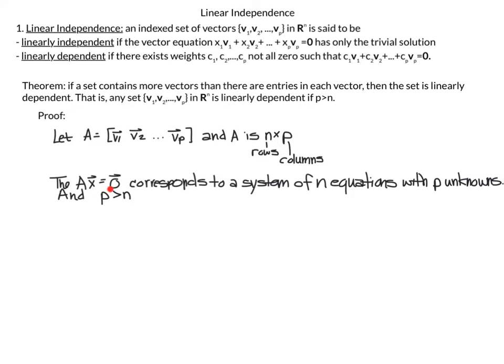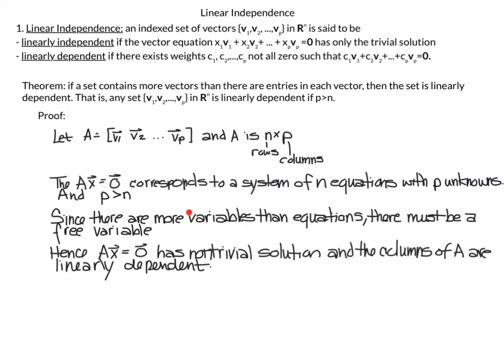And in this case the number of unknowns is greater than the number of equations. Since there are more variables than equations, you don't have enough equations to determine each variable, so there's going to be at least one free variable. Hence, Ax equals 0 is going to have a non-trivial solution, and the columns of A, therefore, are linearly dependent.